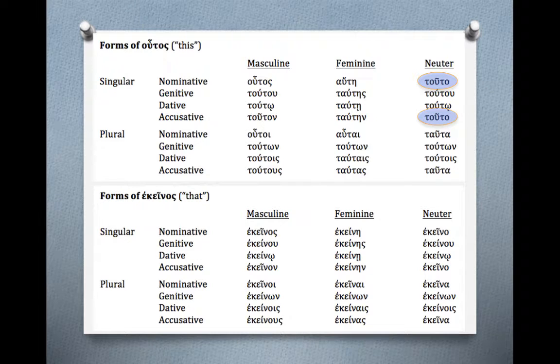But this just is touto. It doesn't end with a nu. And that's a bit exceptional, but we've already seen it happen, and it's just good to keep in mind that it happens with the demonstrative pronoun too. Same is true down in ekeinos. The neuter singular forms do not end with nu as we might expect to see. They're just going to end with the omicron.